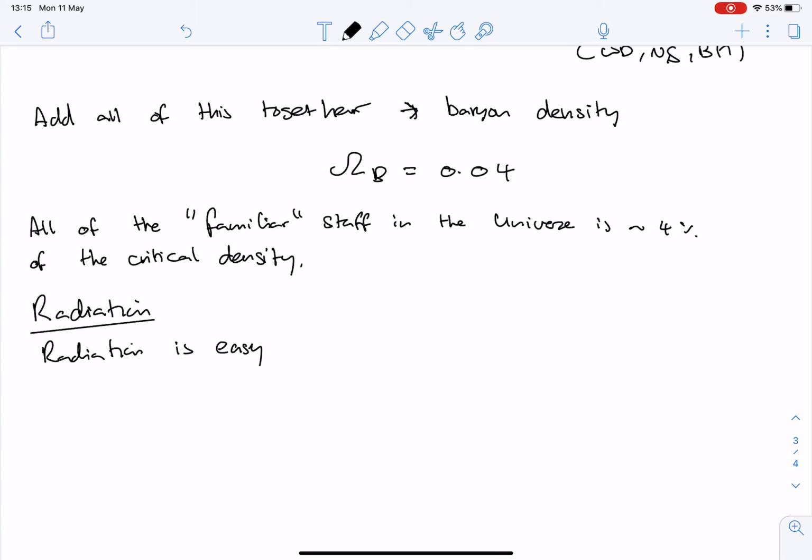And you can immediately note, stars convert very little rest mass to energy. It's a fraction of a percent. So radiation from stars is not important.